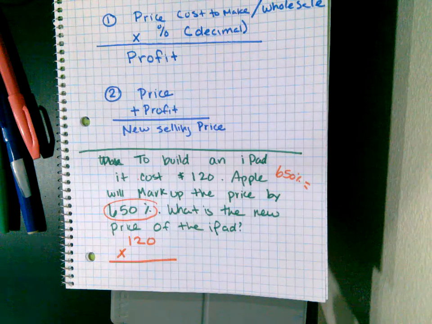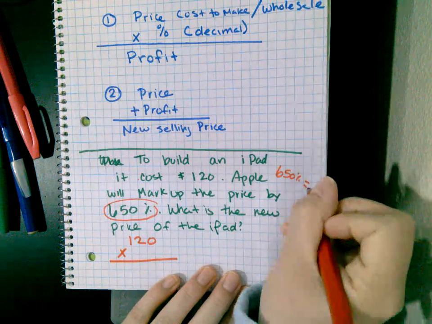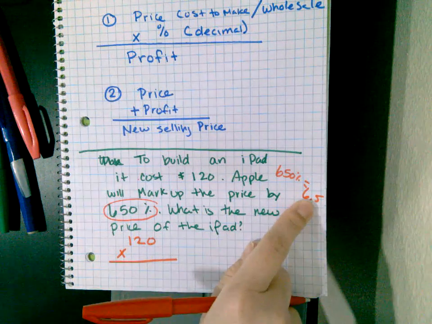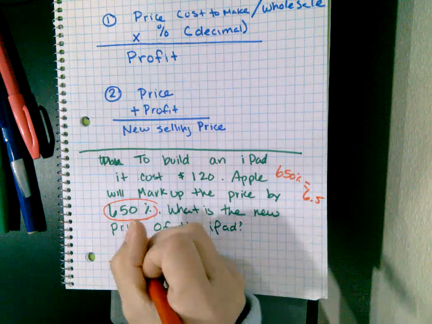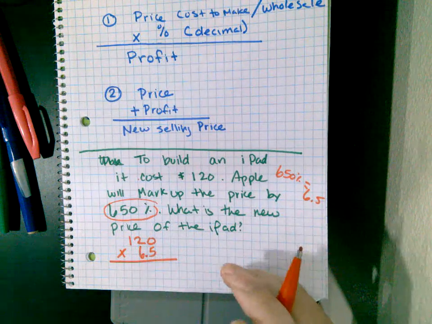What was that? 6.5. 6.5, yes. And in the private chat, it is correct as well. 6.5, very good. So this is how you can make the mistake and get everything wrong. Even though you're doing the right steps, if you do not write it correctly, it is not going to give you the right answer.